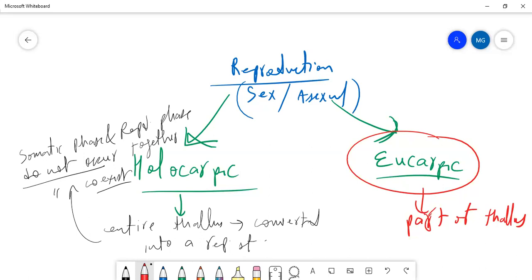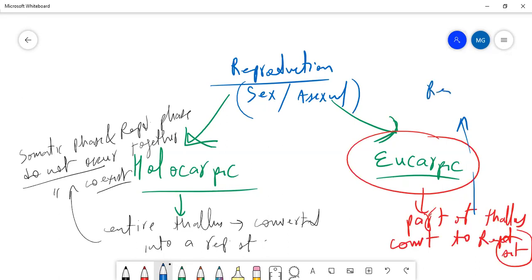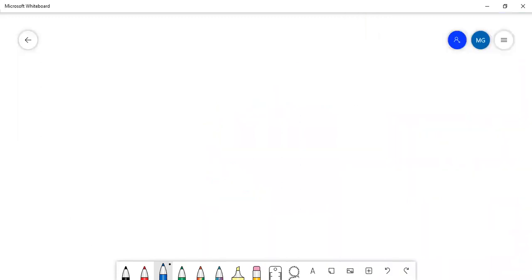Only a part of the thallus gets converted to reproductive structure. What I mean is that the reproductive and somatic structures can coexist. So this is what eucarpic is. Now we know holocarpic fungi and eucarpic fungi.